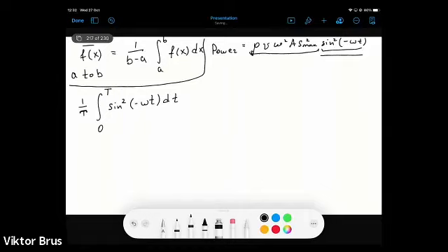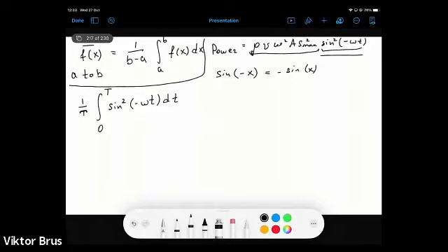So let us consider some properties of sine. Sine of minus x is defined as minus sine x.